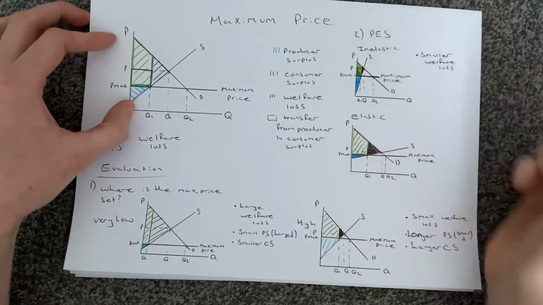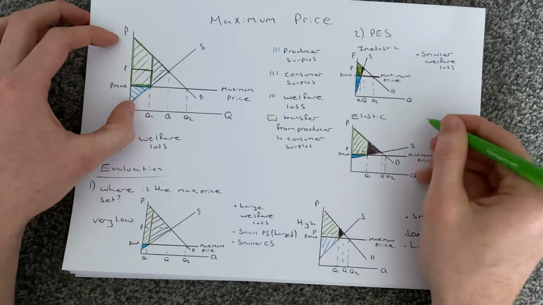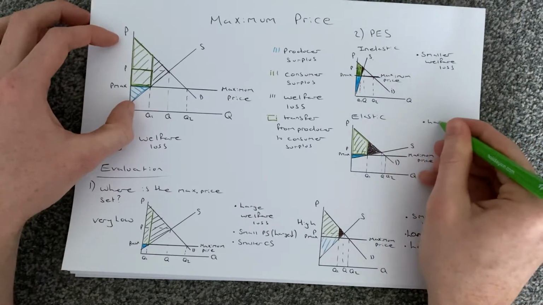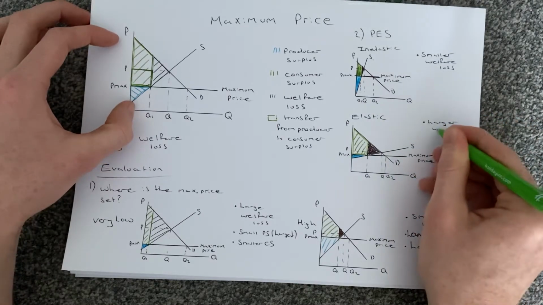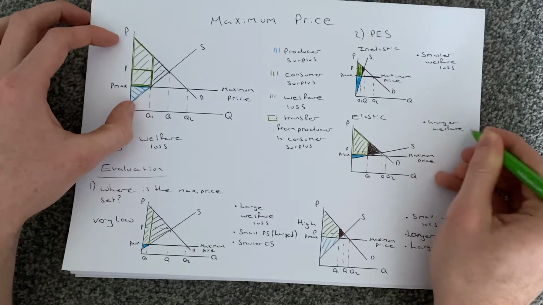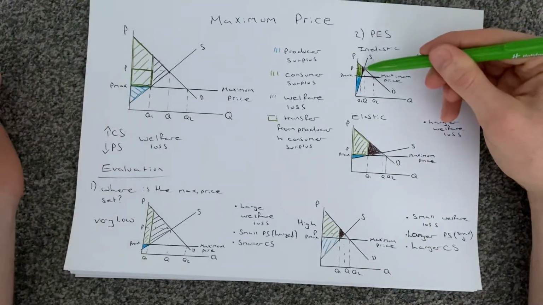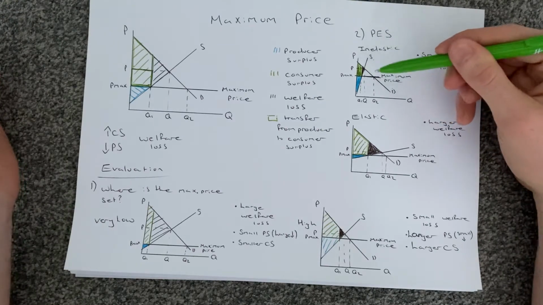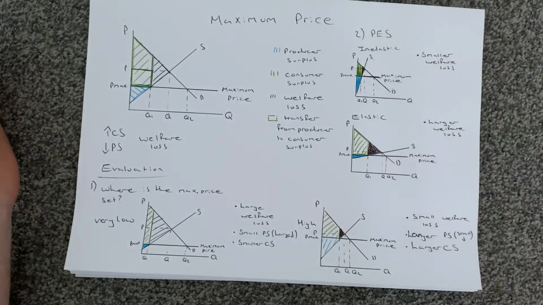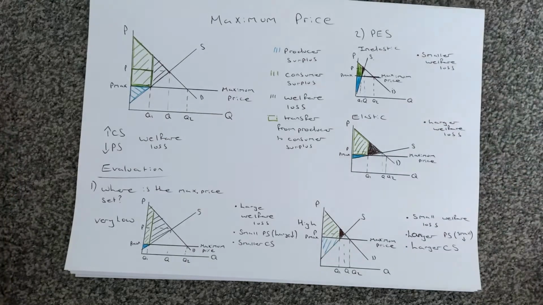Obviously when price elasticity of supply is elastic, we're going to see a larger welfare loss, and that is evident from our two diagrams. We can quite clearly see that that black triangle is far smaller than our black triangle here.